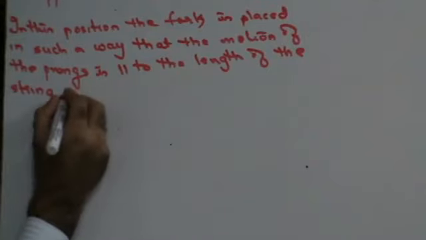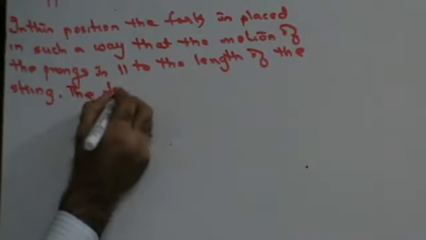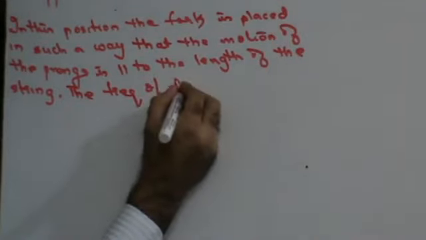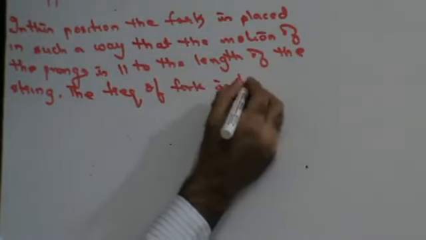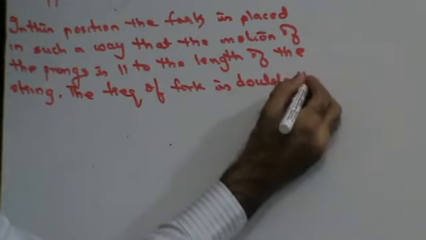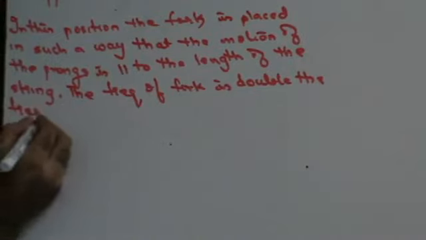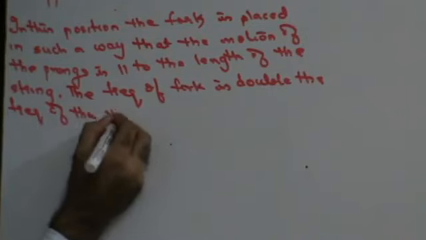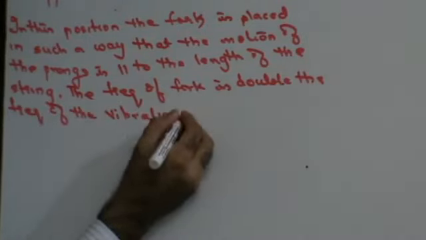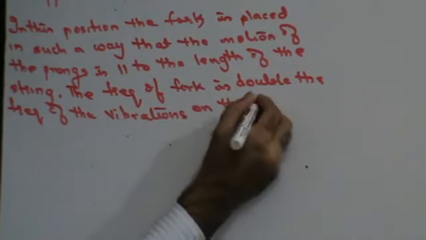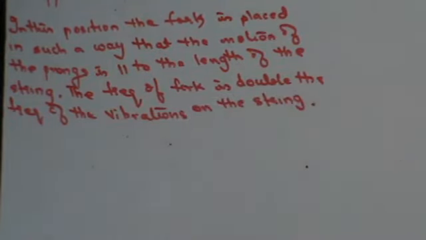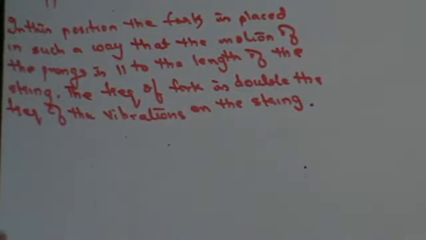Right? In this case, I can say that the frequency of the fork is double the frequency of the vibrations on the string. Fine. Now let's try to explain why.